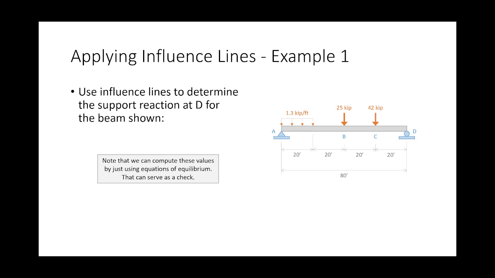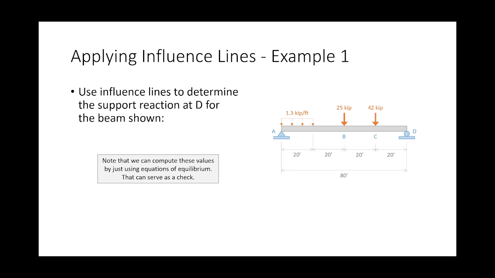Where would I put that 50 kip load to maximize the response at D? At D, right? Make sense? That's what the influence line tells us. And now I could just say 50 times whatever the value is on the influence line, and that'll tell me the response, right?